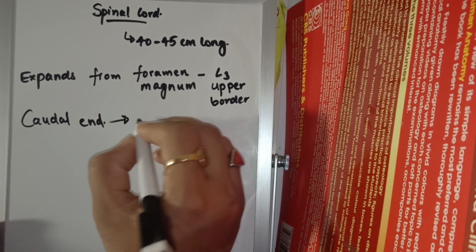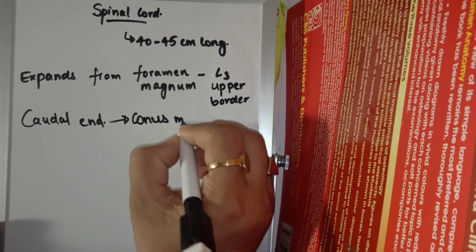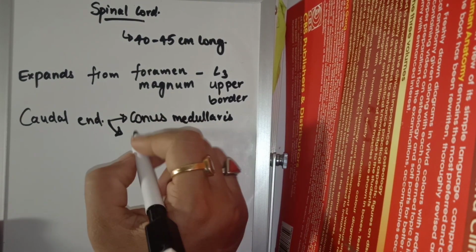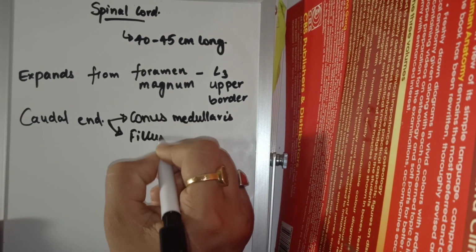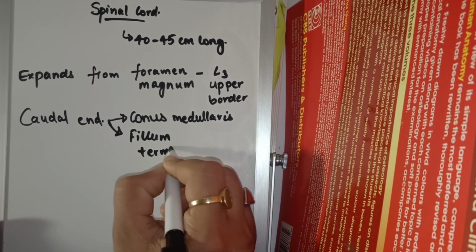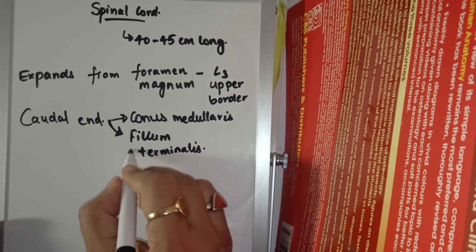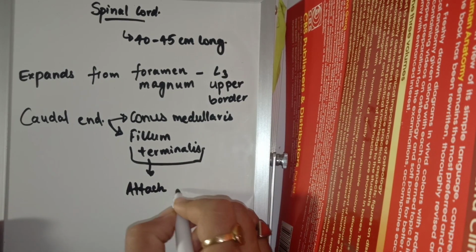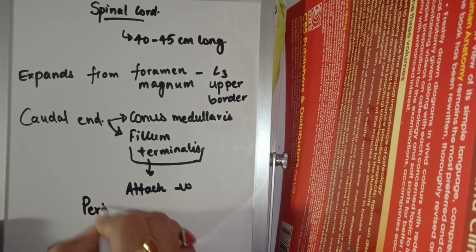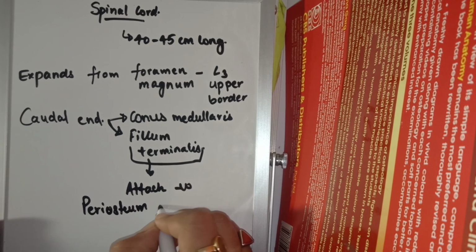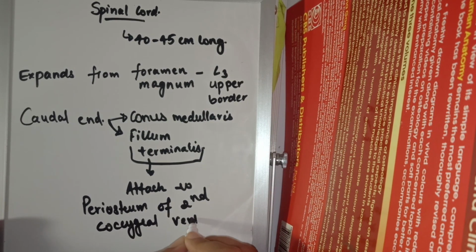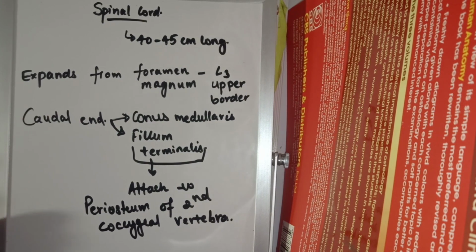The first is conus medullaris and the second one is filum terminalis, and this filum terminalis is attached to the periosteum of the second coccygeal vertebra.